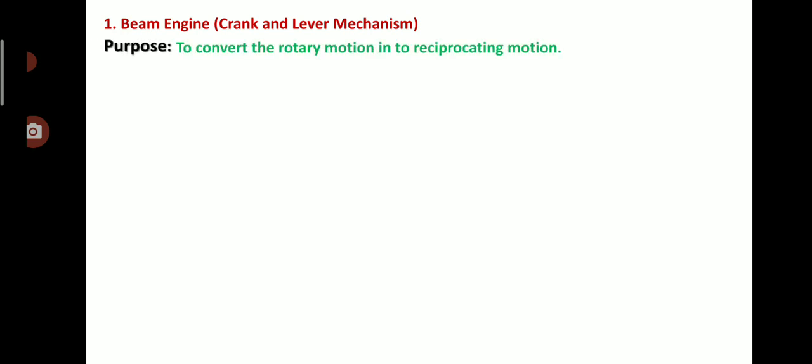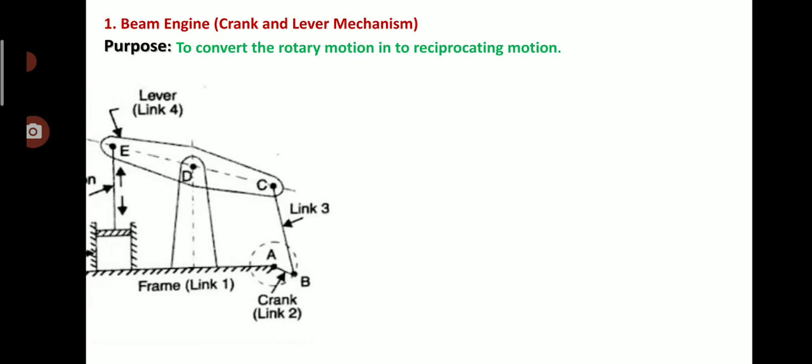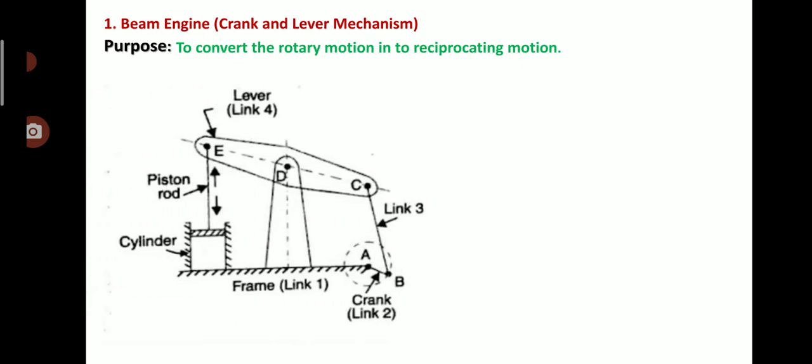So let us see the first inversion, beam engine, also called a crank and lever mechanism. What is the purpose of the beam engine? It is used to convert rotary motion into reciprocating motion. You will see here the sketch of the beam engine and crank and lever mechanism. Crank and lever are the two important components.